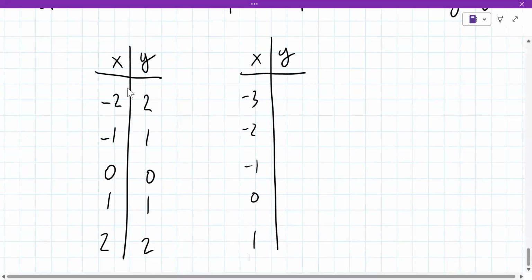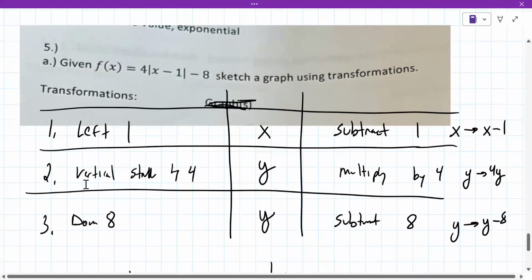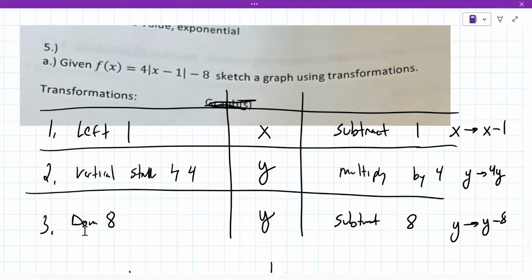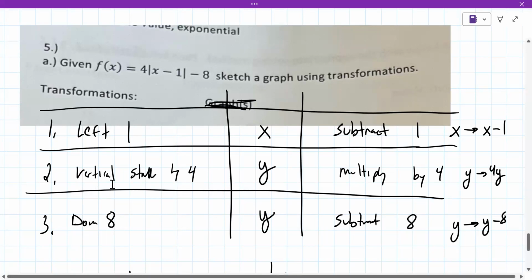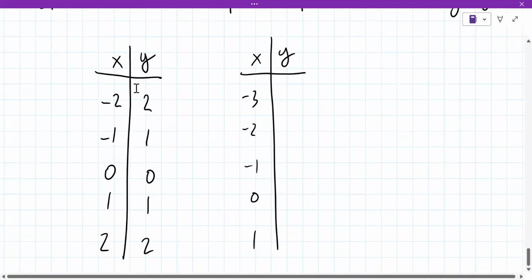Good. The Y is a little bit more complicated, and you probably noticed that even though you said down 8 first, I put it down here at the bottom. The order matters. And it matters in a lot of things we do in life. We don't have to talk about why, but it does matter. So first thing you're going to do with the Y's is multiply them by 4. Then you subtract 8. So you take this 2, multiply it by 4, and then subtract 8.